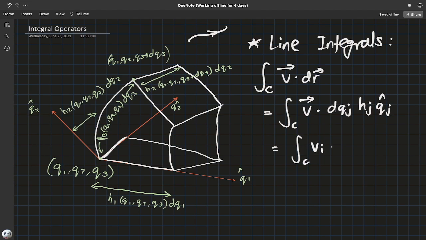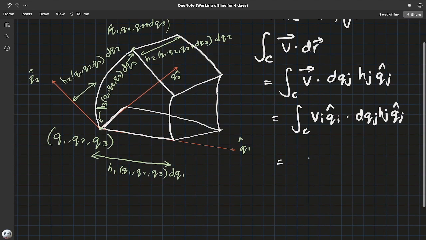So we have vi, say, qi hat, dotted with dqj hj qj hat. Now the dot product of these two basis vectors will give you a Kronecker delta ij, and when you contract over each of the indices, we can change the j's to i's. So we have, say, dqi hi vi.